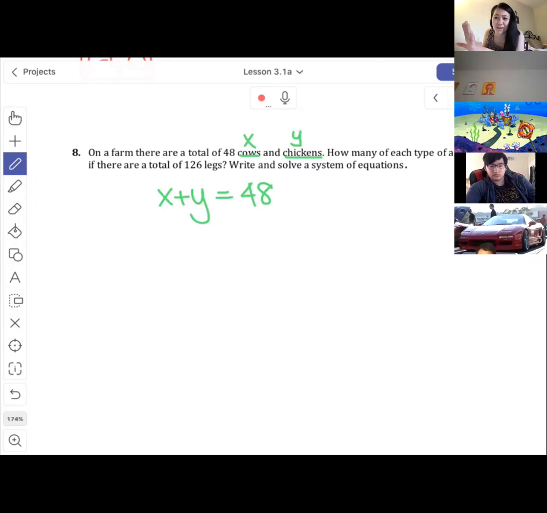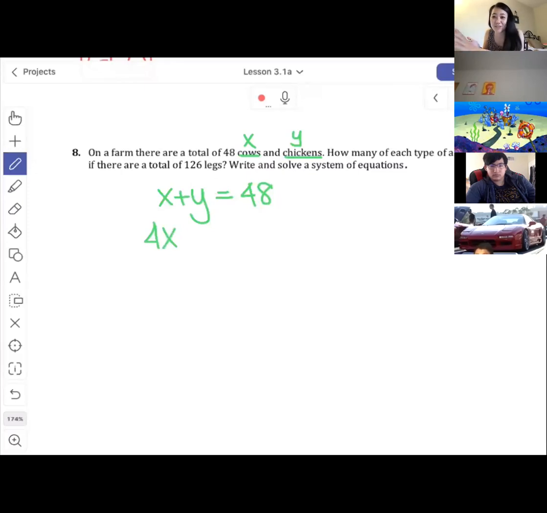X. What is the X? I'm not sure. X is the number of cows. Okay. So if I said 5 cows, you said there's 20 legs. So what did you do with that 5? Oh, I multiplied by 4. Okay, so if I have X number of cows, how many legs? Multiply by 4. Good, so 4X represents how many cow legs there are.